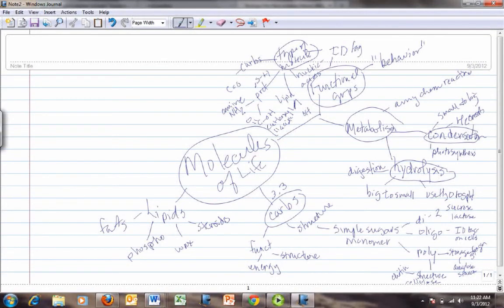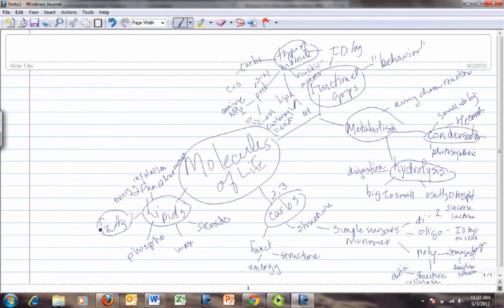And so our lipids, in terms of function, are there to be able to serve as long-term energy. They also are involved in insulation. We also can make hormones from them.